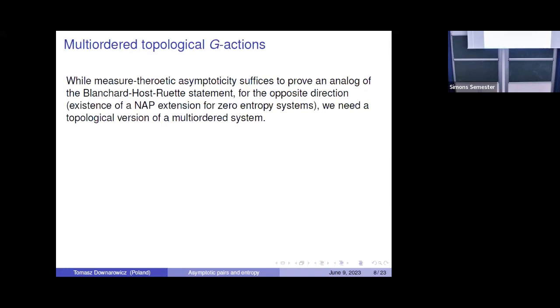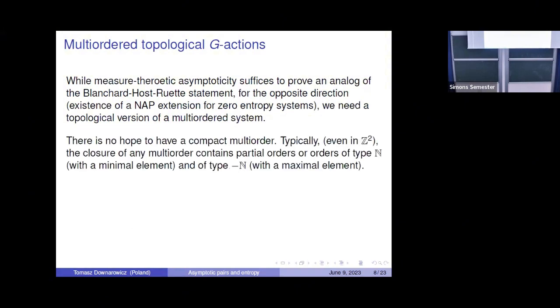And we will also need, for the other direction, something like topological multi-ordered systems. This is more tricky. Why? Because if you take a multi-order and you close it, you think of a multi-order as a set of bijections from G to Z or from Z to G. Bijections can go either way.